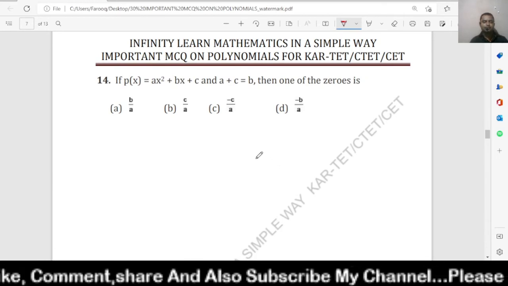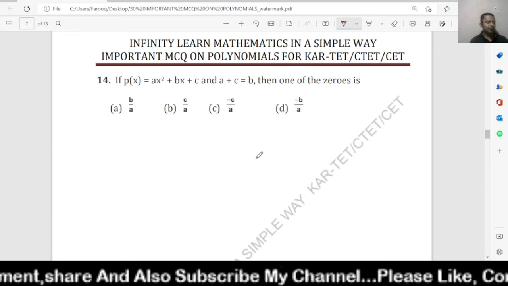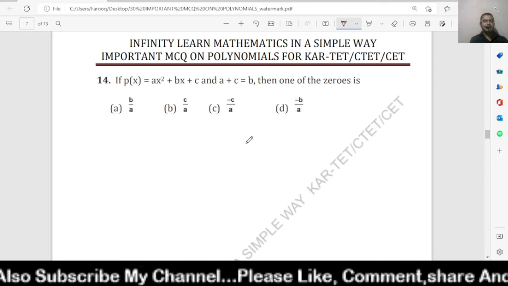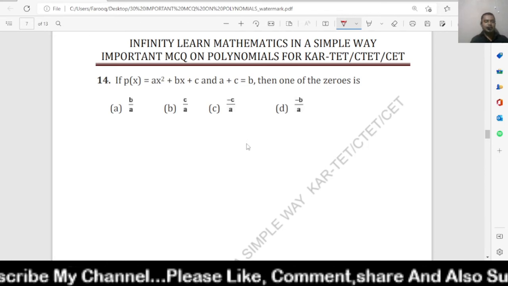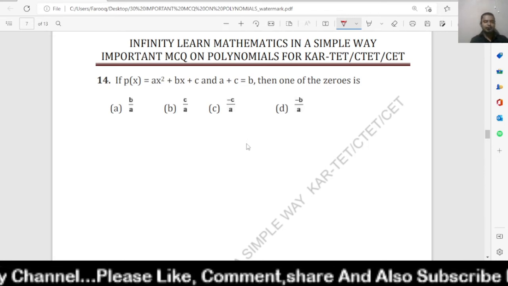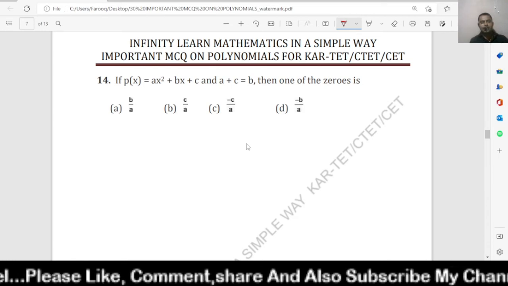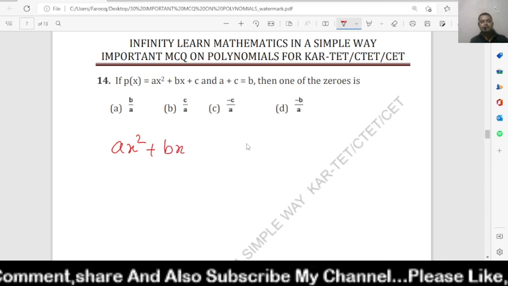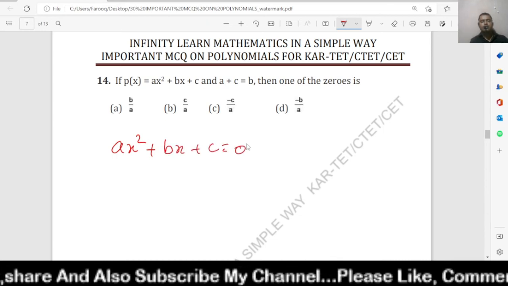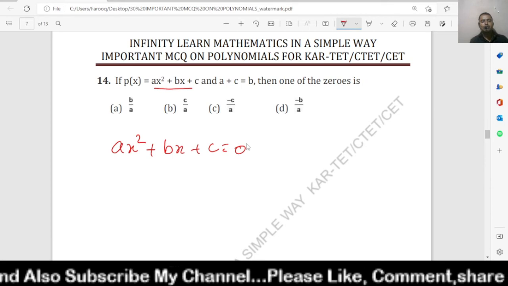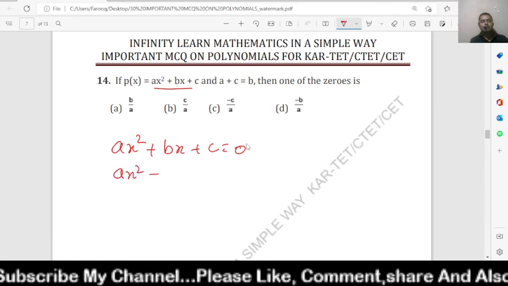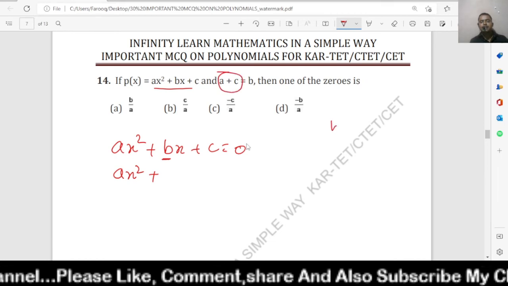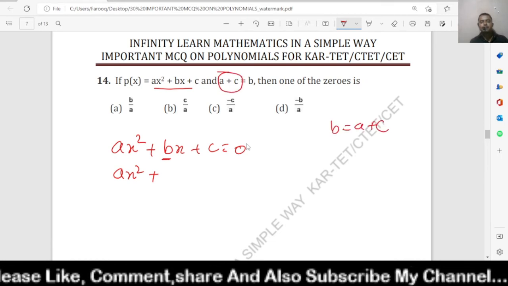Here is also the same type of problem. If p of x is equal to ax square plus bx plus c, and a plus c is equal to b, then one of the zeros is, you take again this one, ax square plus bx plus c is equal to 0, take this one and equate to 0, ax square plus, in the place of b, use this value a plus c, that is b is equal to a plus c.